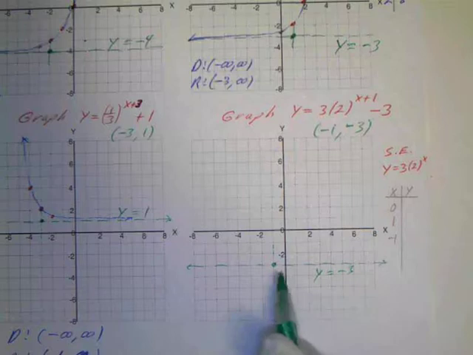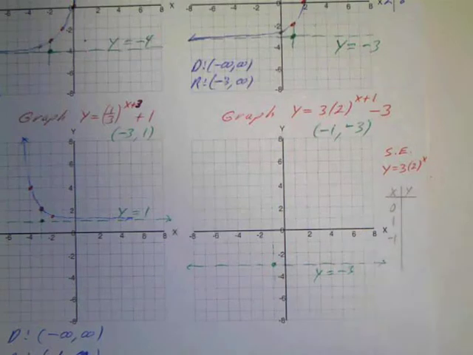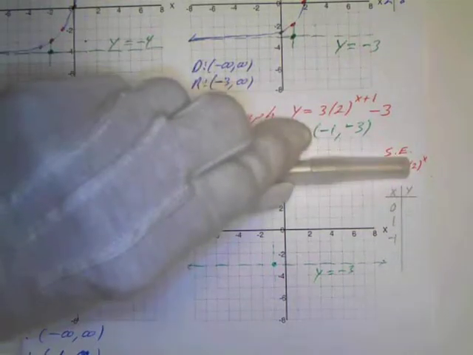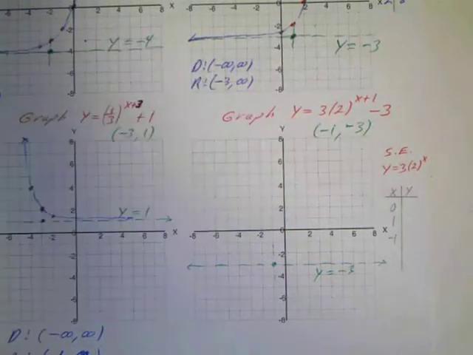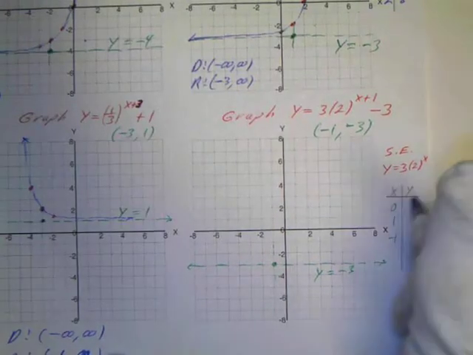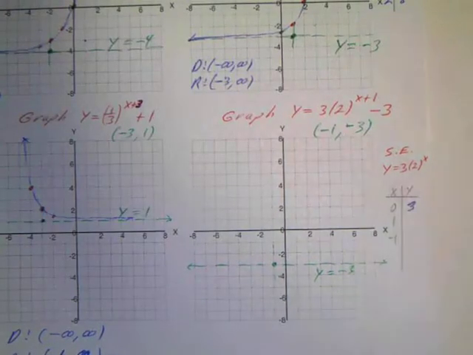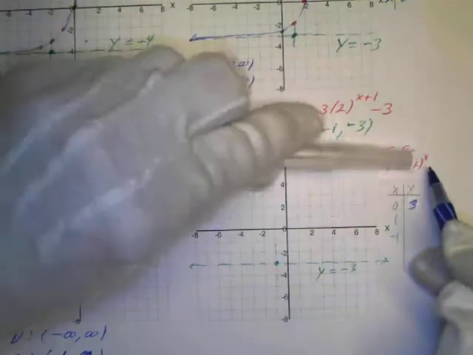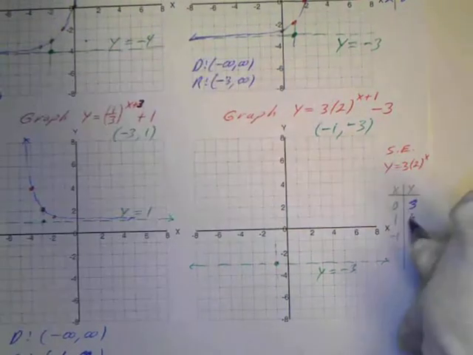Now I've got to find some points relative to this, so I've got to put my points in. Now be really careful now, because if I put 0 in, what's 2 to the 0? I'll just cover up the 3 right now. And 2 to the 0 is 1, but it's 3 times that, so it's going to be 3 times 1, or 3. Now when I put 1 in here, 2 to the 1 is just 2, but 3 times 2 will be 6.